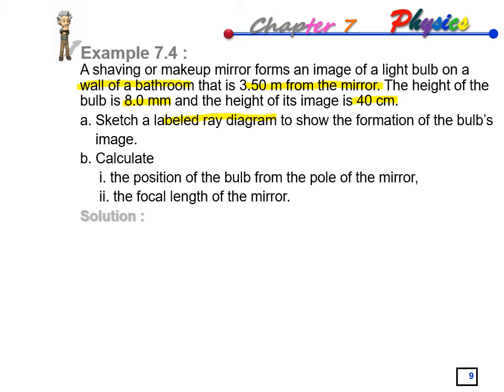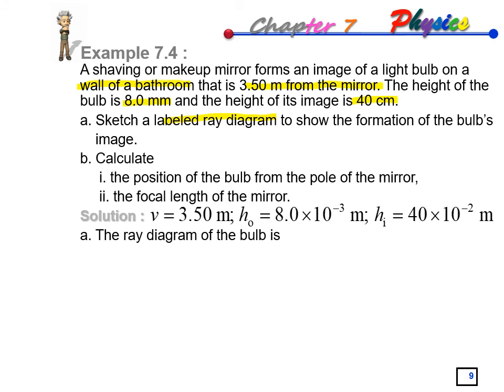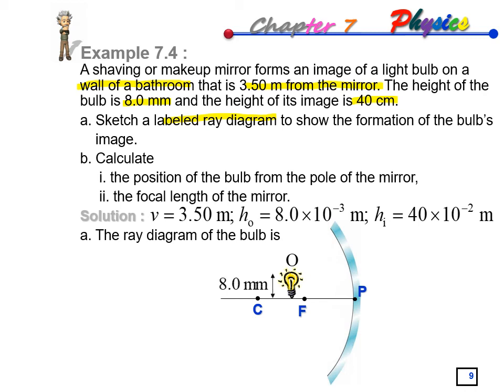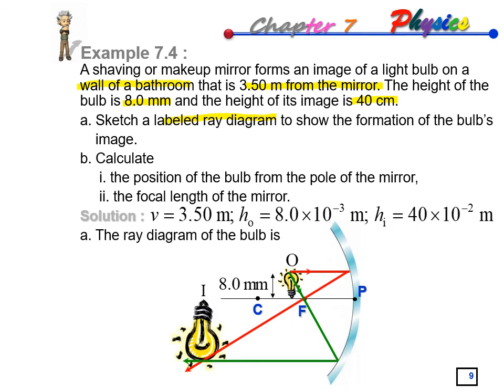So your object is placed somewhere between F and C. So this is 8 mm, the height of the object. Draw the ray diagram, which will end up with the image over here, a real and magnified image.